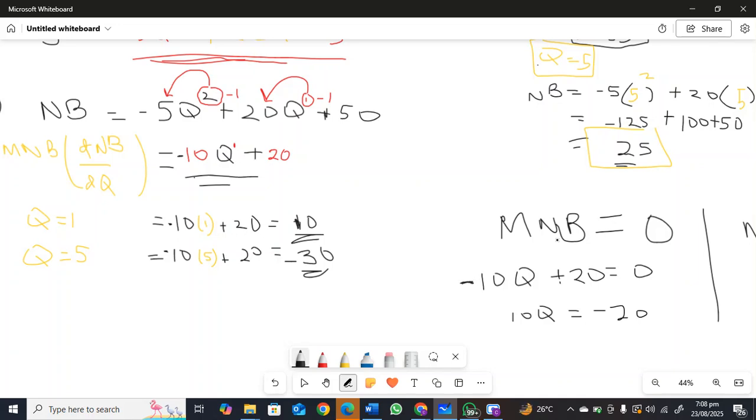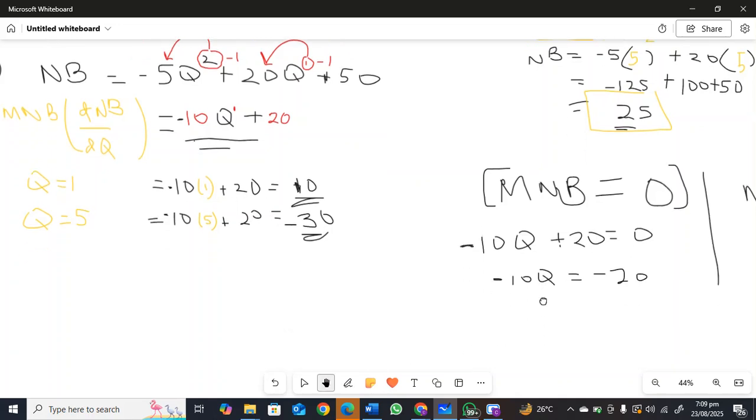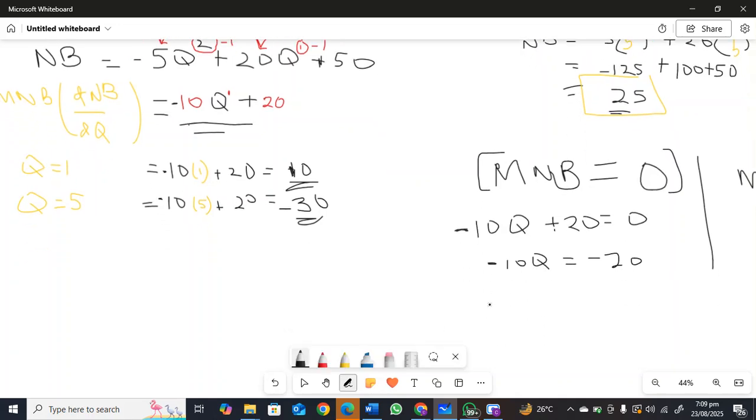For this question, where they're asking us where the net benefit is maximized, when we equate marginal net benefit to 0, our function is negative 10q plus 20. Okay, so here we still have a negative 10q. So we divide both sides by negative 10 to get the value of q.